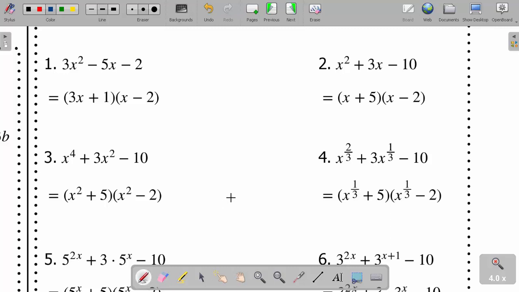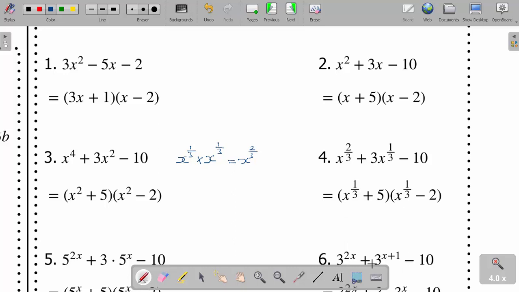If I multiply x^(1/3) by x^(1/3), because I have the same base, it means I'm going to add the exponents. So what is a third plus a third? Don't you get 2/3? That's what you get. So that's why we are using x^(1/3) and x^(1/3) here. Hope we are together to split that trinomial.